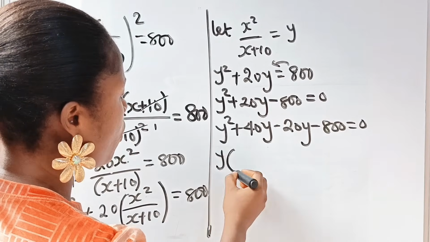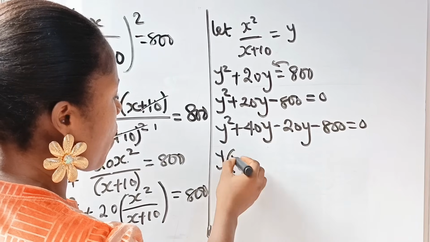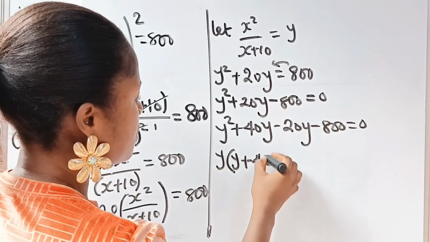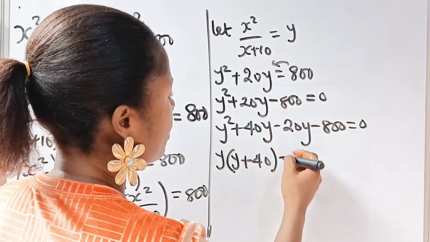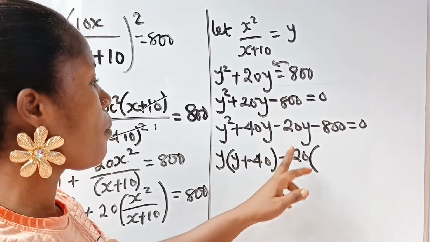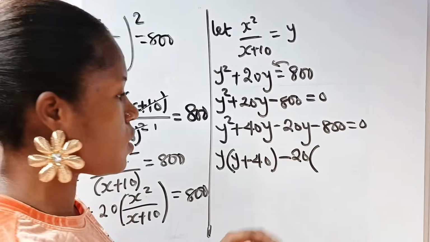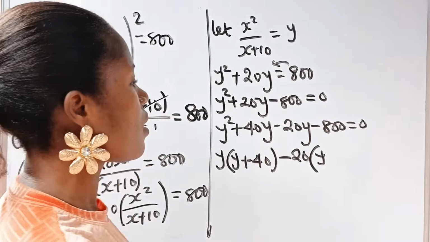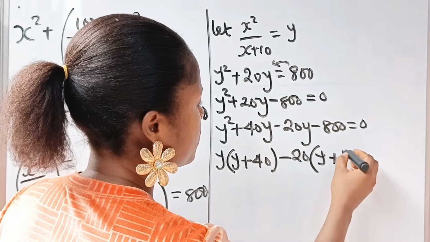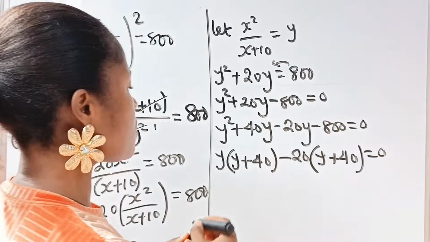They have y in common. Y squared divided by y is y. 40y divided by y is 40. Then minus, the common factor is 20. Minus 20y divided by minus 20, we are left with y. Minus 800 divided by minus 20, we have plus 40. Is equal to 0.